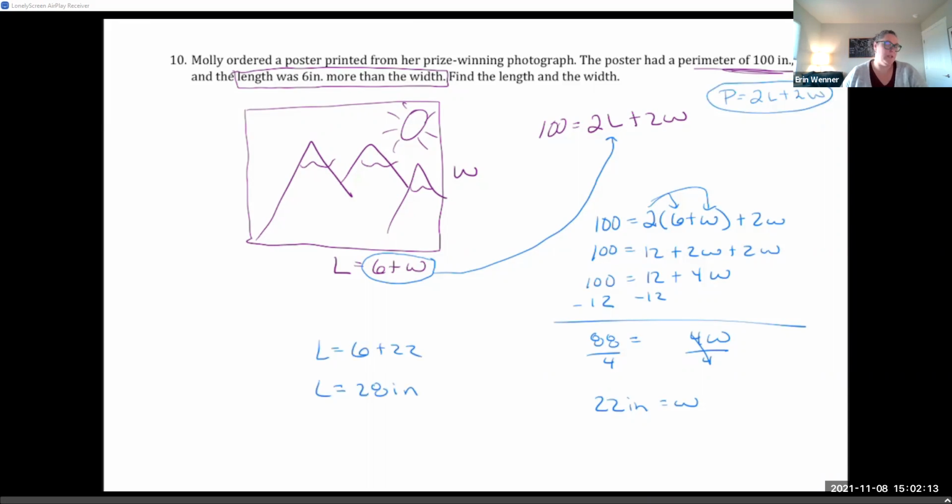So again, this is one where you need to make sure that when you're entering your answer, you pay attention to where it says the length is blank, the width is blank, and then we enter the answers accordingly, right? Because you could have the answer right and you just put them in the wrong positions and it gets mad at you and then you get frustrated and I can't help, right?